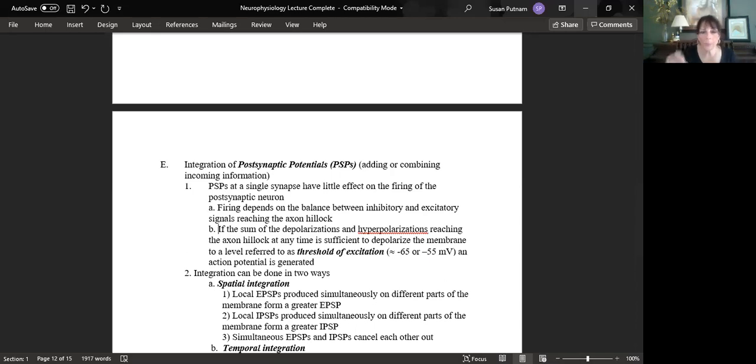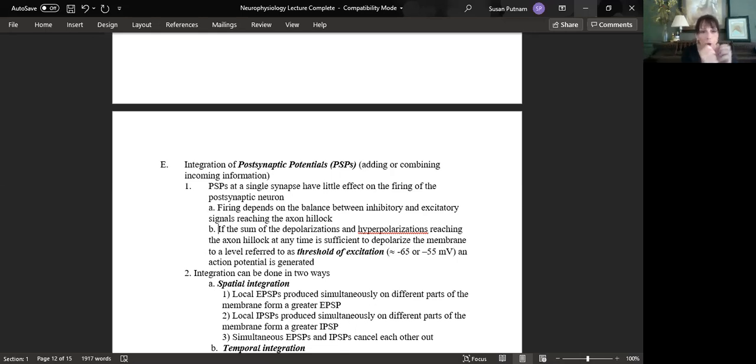Let me go through that last point once more, and I'm going to read it exactly the way I have it written in here. If the sum of depolarizations (excitatory postsynaptic potentials) and hyperpolarizations (inhibitory postsynaptic potentials) reaching the axon hillock at any time is sufficient to depolarize the membrane to a level referred to as a threshold of excitation, negative 65 or negative 55 millivolts, an action potential is generated.